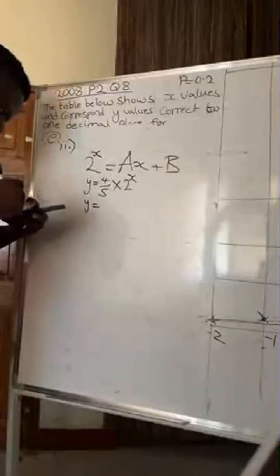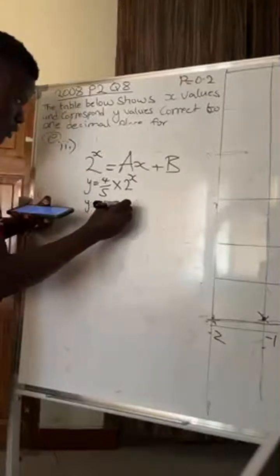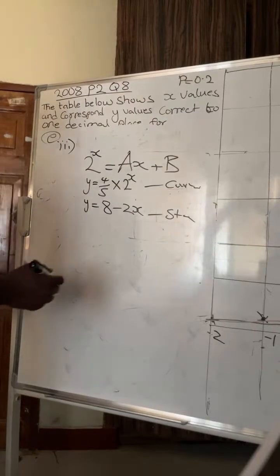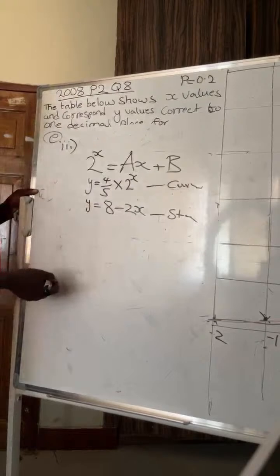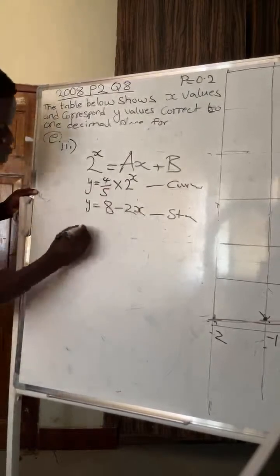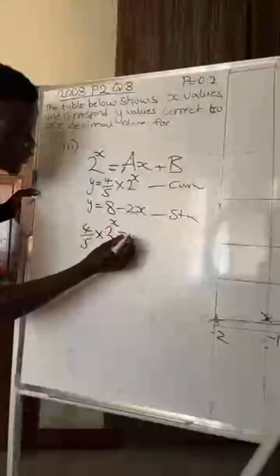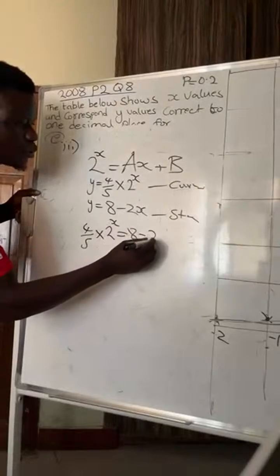So this equation equals the other equation: 4 over 5 times 2 to the power x equals 8 minus 2x.